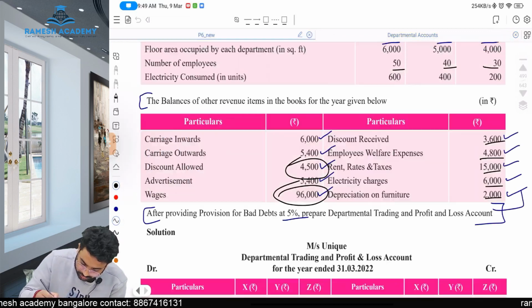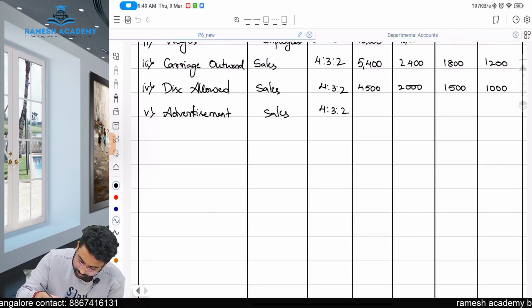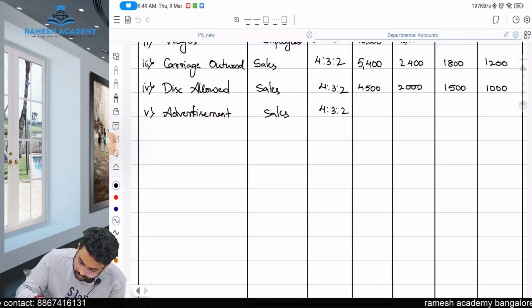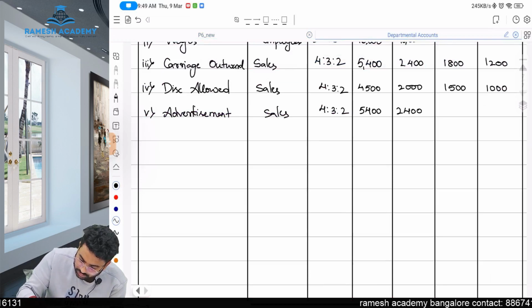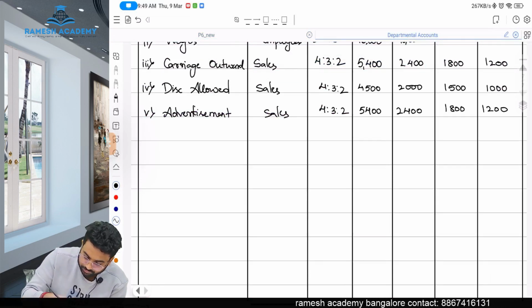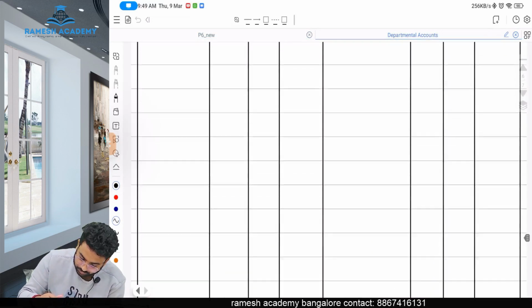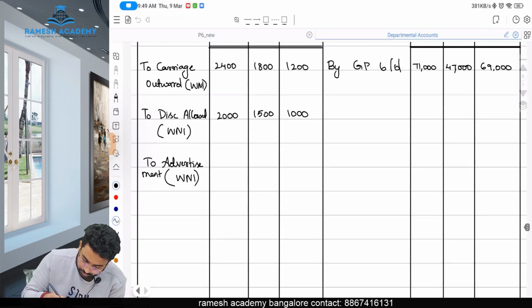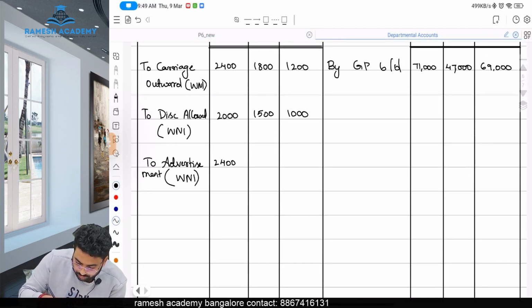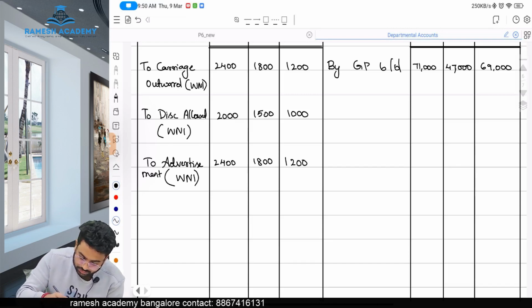The assumption is, the more the advertisement, the more the sales. How much is the advertisement cost? It is 5,400. So it is 2,400, 1,800 and 1,200. Okay sir, advertisement is done.